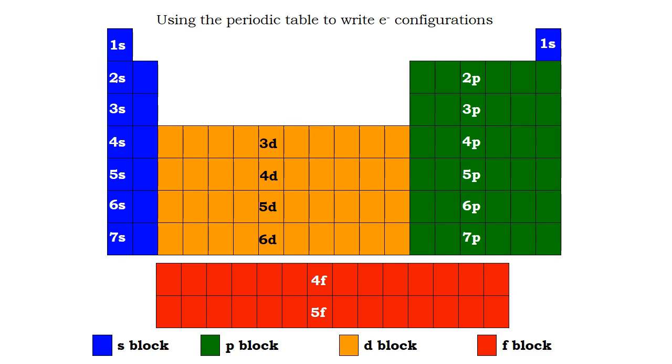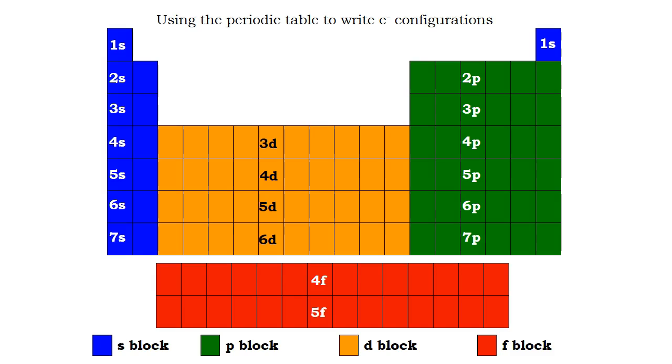So remember, the 3d orbitals are actually higher in energy than the 4s. And I'm not sure how you're going to remember that. There is a little trick I can show you on how you remember that, or you can just remember that the number goes down when you get to the D block. And then when you get to the P block, it goes back up to 4 again. So 4s, 3d, 4p. And that's true all the way across.